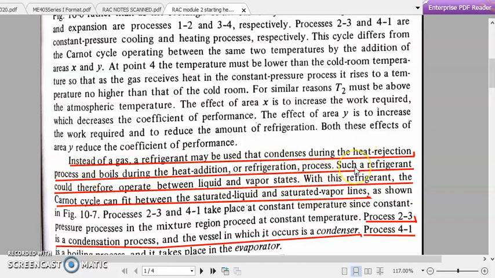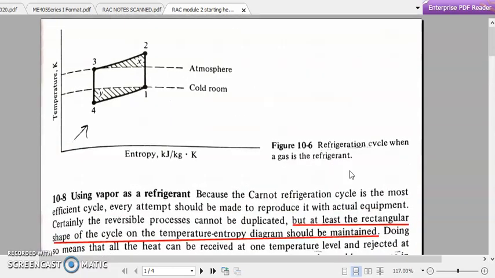If such a working fluid is possible, please assume we are using a working fluid which will boil or evaporate during the heat absorption process. Here the heat absorption process is 4-to-1, the refrigeration step.